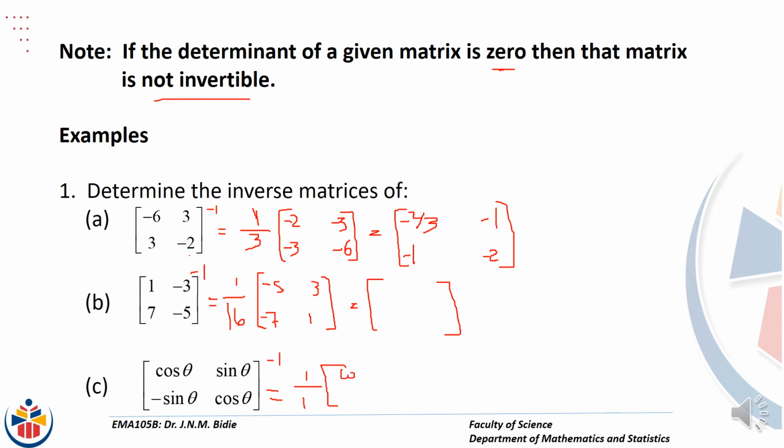So we've got cos theta, negative sine theta, cos theta for D and positive sine theta for C. So this is our inverse.